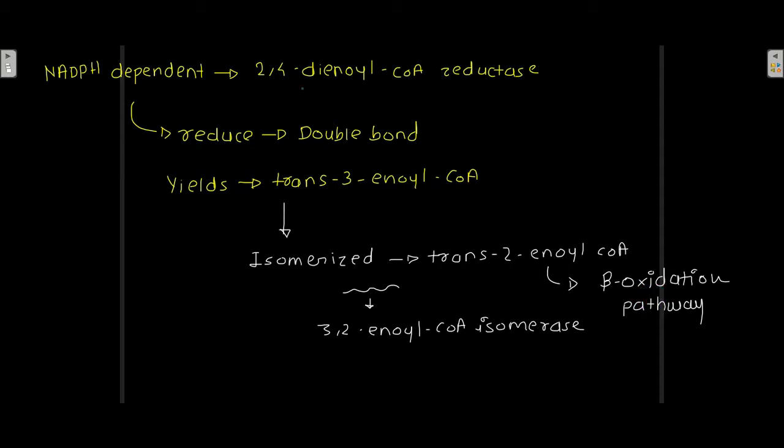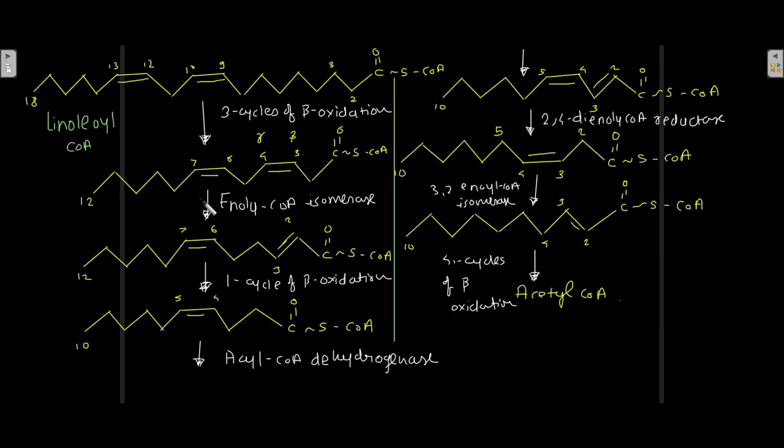So 2,4-dienoyl coenzyme A reductase reduces the double bond, trans 3-enoyl coenzyme A is formed, which is then converted to trans 2-enoyl coenzyme A, and this isomerization is catalyzed by 3,2-enoyl coenzyme A isomerase. So this is how the beta oxidation pathway of the polyunsaturated fatty acid looks.